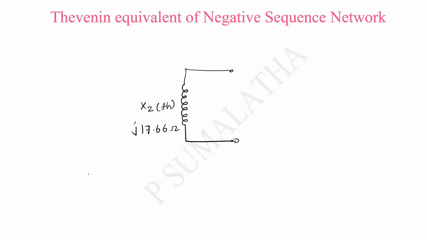That's it. We got both the positive and the negative sequence. We are going to find out the fault current for the line to line fault. And we know very well the interconnection of the circuit for the line to line fault: the positive sequence network and the negative sequence network will be connected in parallel with each other.